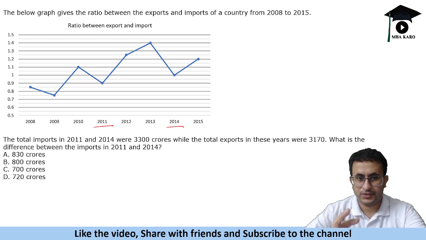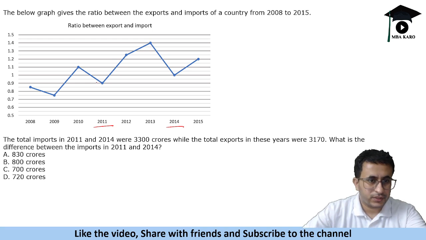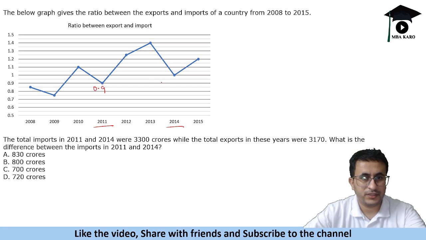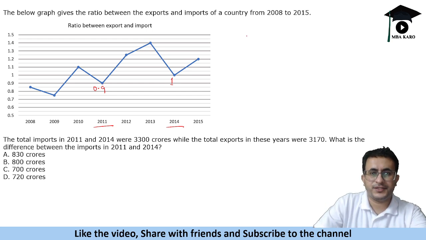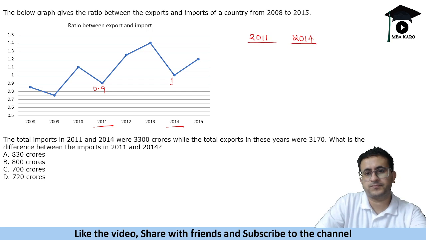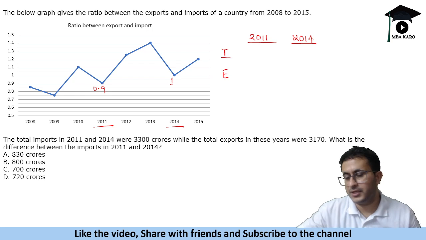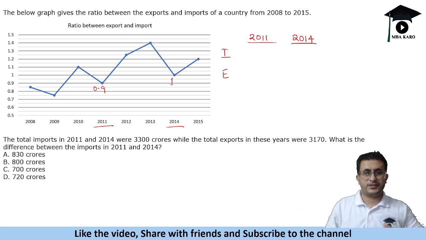Let's see, this is 90%, 0.9 in 2011, and this is 1. So in 2014 import is equal to export. Again make a table like this, 2011 and 2014, import and export, and take the values to get the result.